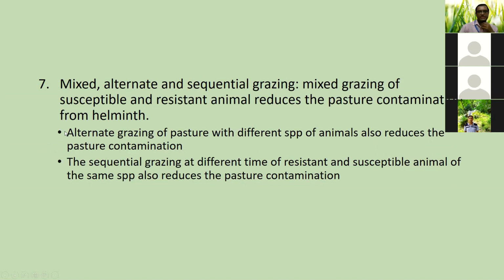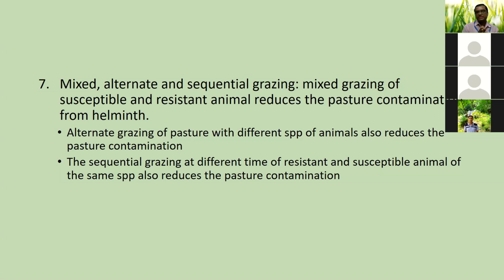The next strategy we can adopt is the mixed, alternate or sequential grazing method. These grazing methods are adopted especially in control of parasitic diseases. Mixed grazing means that susceptible and resistant animal populations are mixed together during grazing.